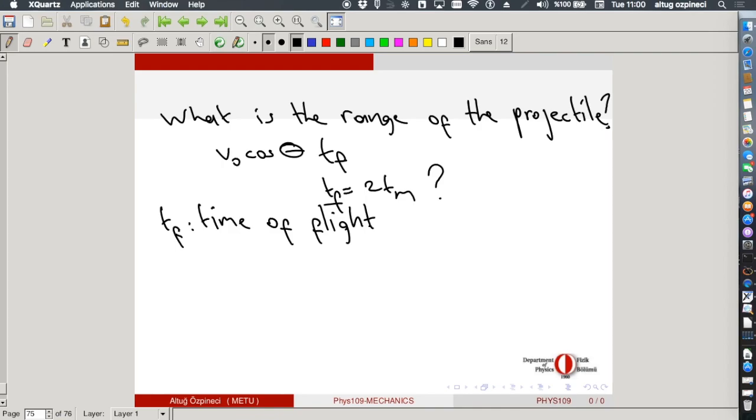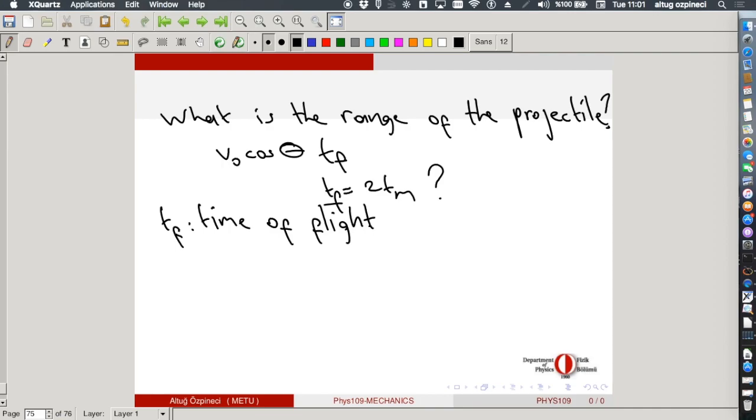Well, that's what we are trying to calculate. What is the range? That is the distance that it takes horizontally. How can we calculate it? Well, this will be true because we know that the horizontal motion is motion with constant velocity, and this is our constant velocity. So if we can calculate the time of flight, that is the time it takes to fall down on the ground once we launch it, then we are done.